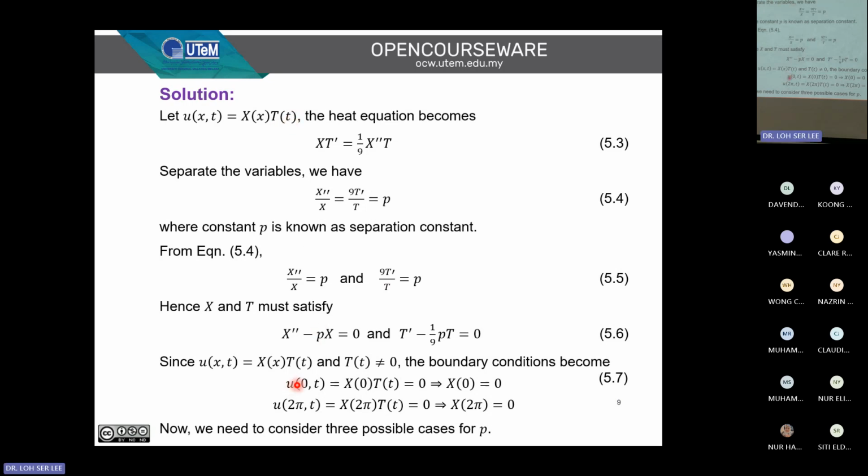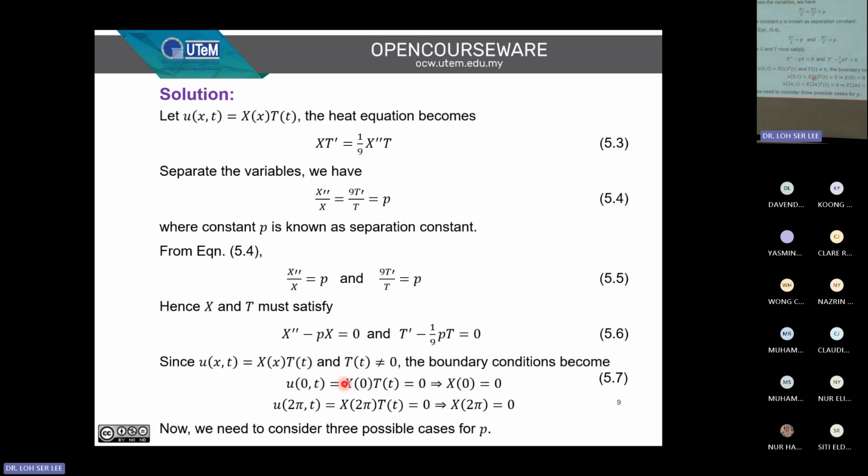For the other one, x is 2 pi, so you have X(2 pi)T(t). That means this can be written in this form, where it equals 0 because you are given that u equals 0. That's why this is also equal to 0. Same goes for this one.